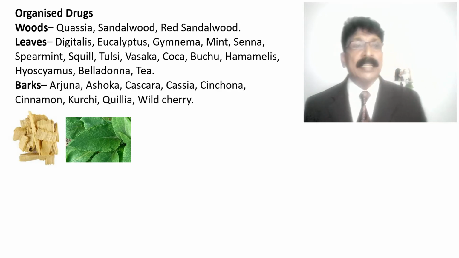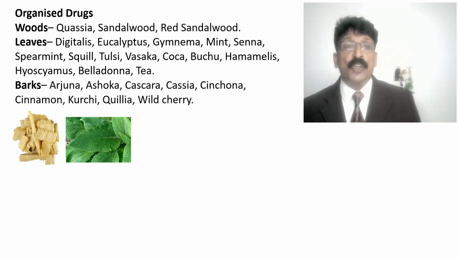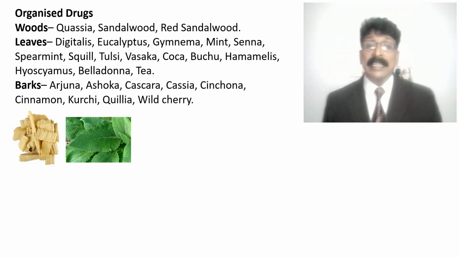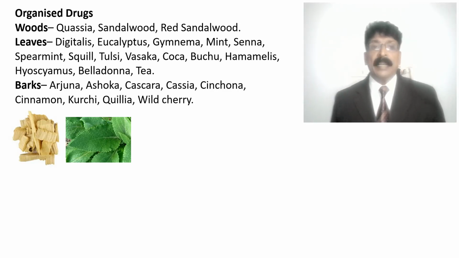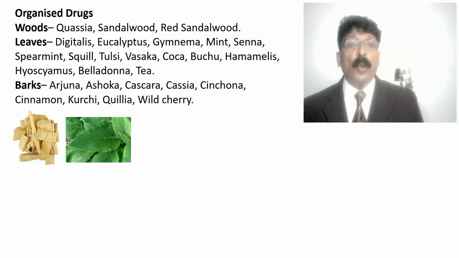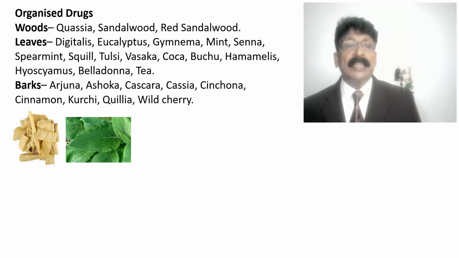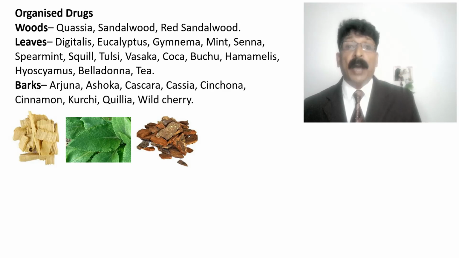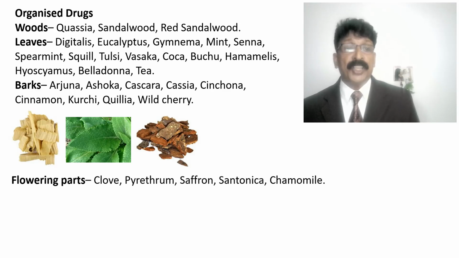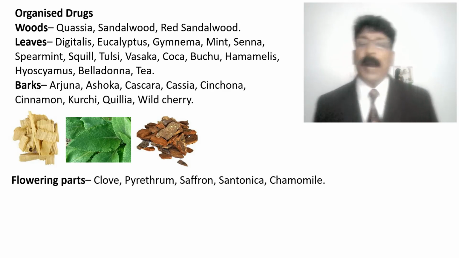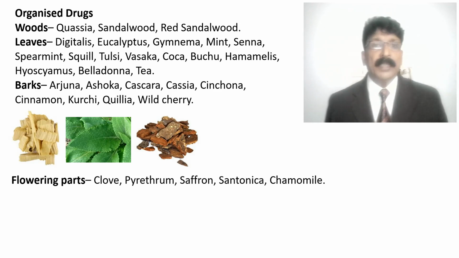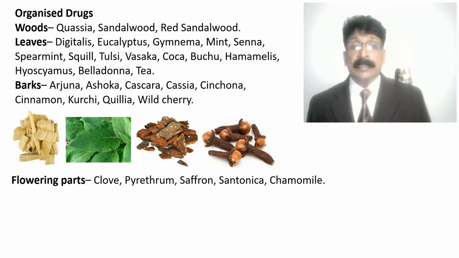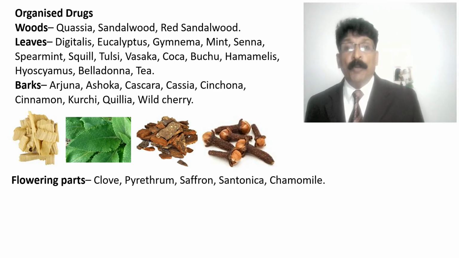Barks, examples: Arjuna, Ashoka, cascara, cassia, cinchona, cinnamon, kurchi, kulia, wild cherry. This is an example of bark, Arjuna bark. Picture. Flowering parts, examples: clove, pyrethrum, saffron, santonica, chamomile.